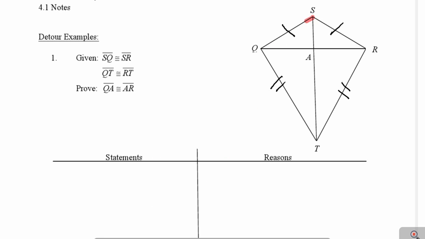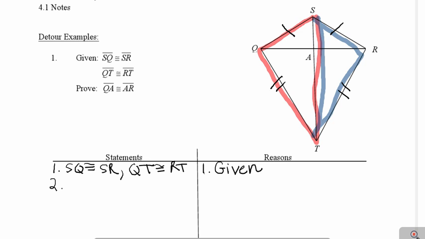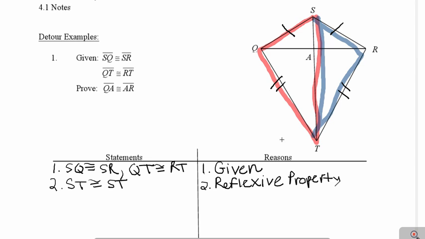So triangle SQT is congruent to triangle SRT, because I can use the reflexive property on segment ST. So let's go ahead and do that. Then I said we can use the reflexive property on segment ST, and now I have enough information to prove those 2 larger triangles are congruent.